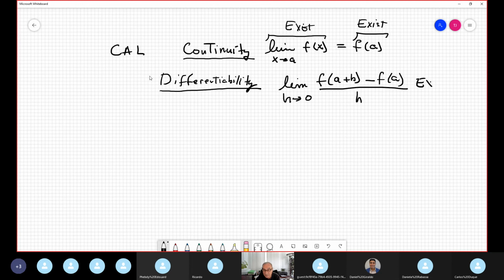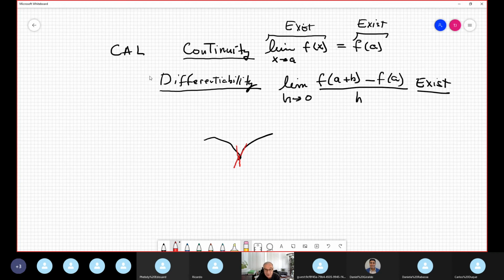This limit must exist. And sometimes this limit fails. How does it fail? Well, suppose that the function is continuous, but like that. We have this kind of point, okay? It is a corner or cusp. In this case, the derivative fails because a little bit to the left the slope of the tangent line is one, to the right it is 2, and the limit must be unique.